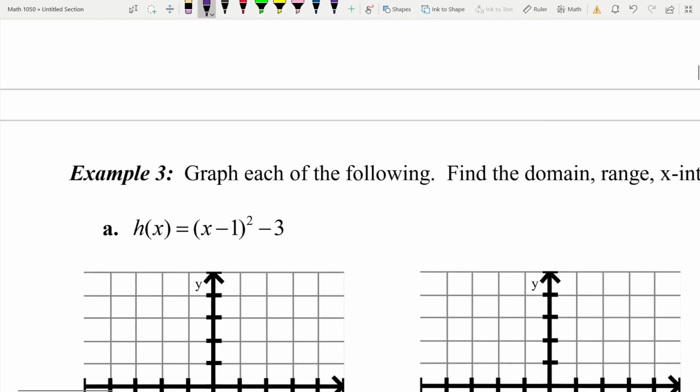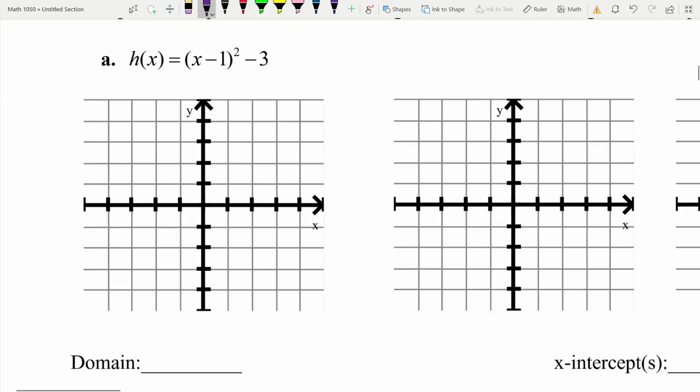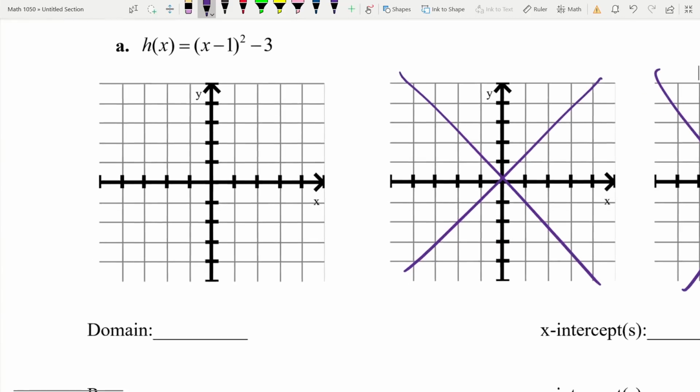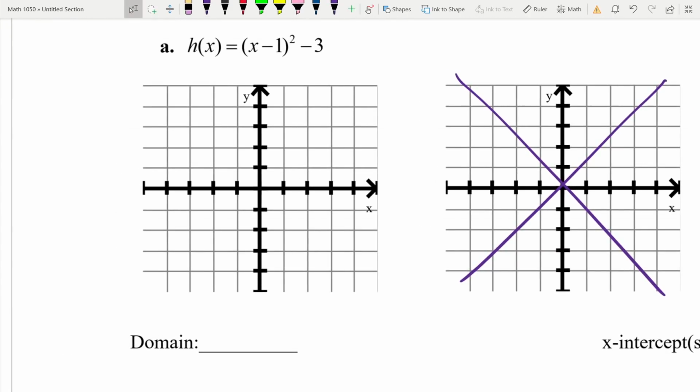Okay, this one right here. Get rid of these graphs right here. You don't have to do 3 graphs now. I want you to list the transformations. Everybody in the room, tell me what the minus 3 does. Down 3. Talk to me about that minus 1. What does it do? It's the opposite of what you think, right? So negative you would think left.